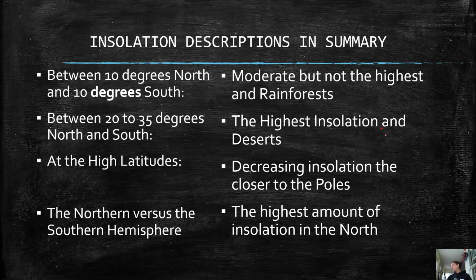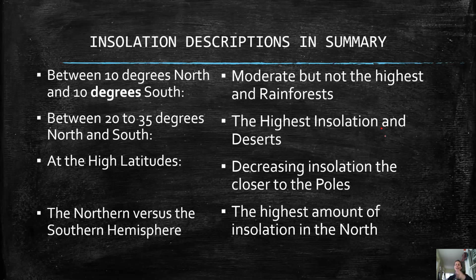Between 20 and 35 degrees north and 20 to 35 degrees south, we see the highest amount of insolation, intercepted radiation, caught at the Earth's surface, and hence the world's largest deserts are there.